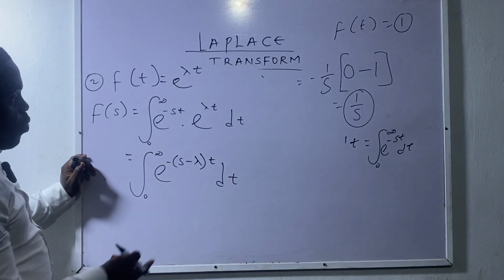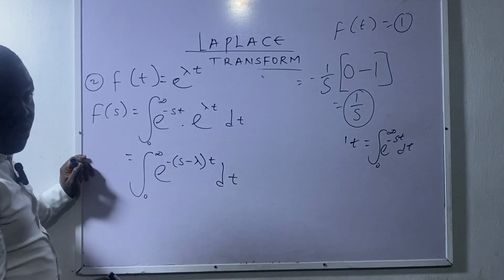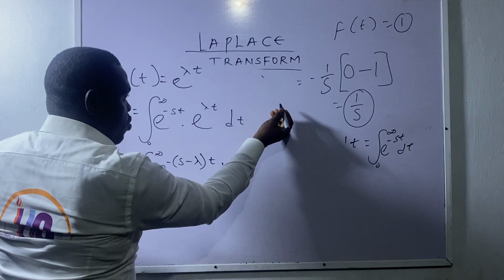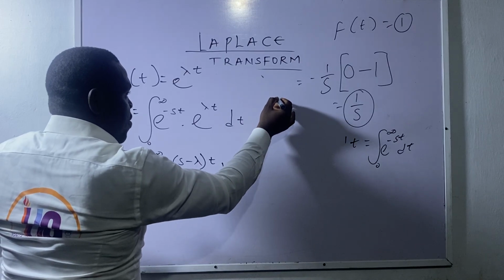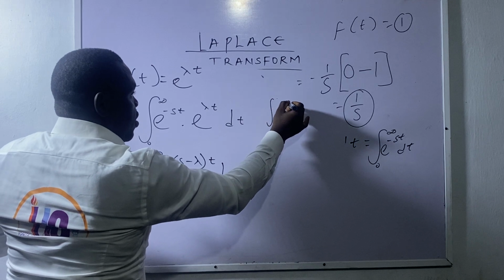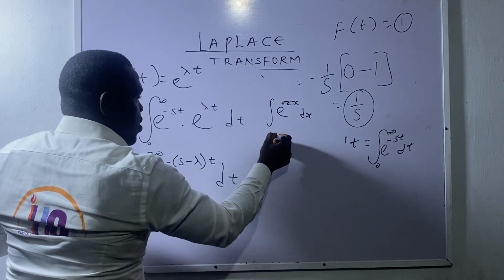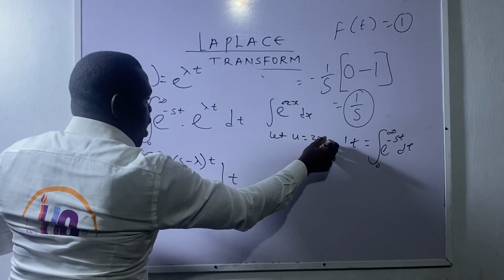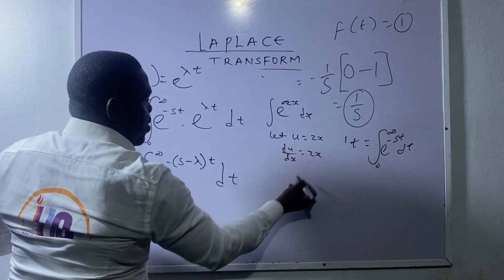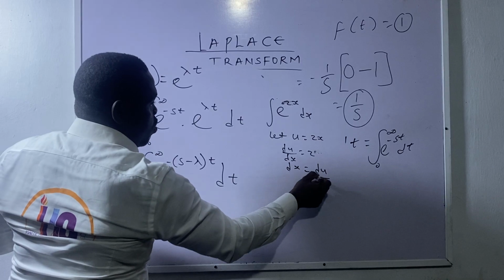So from here, we can recall again. What are we to recall? Remember, the variable is your t. Do not forget. Let me quickly remind you in case you don't understand. If you have something like this in mathematics, let's say you have e to the power 2x dx, you can say let u equal 2x, so you have du dx equals 2, and then dx becomes du over 2.